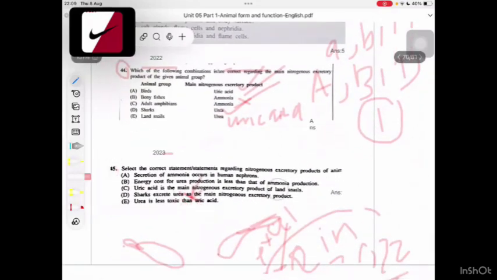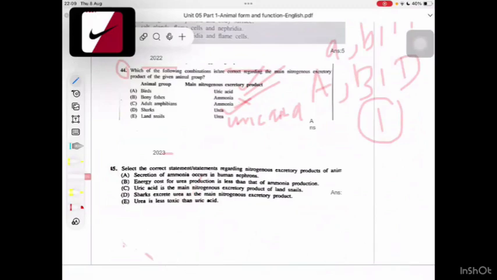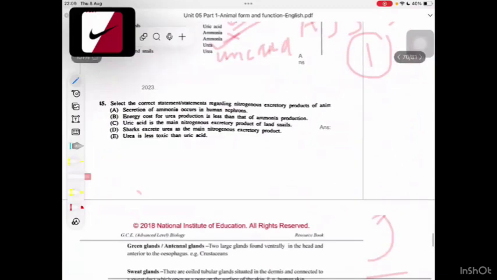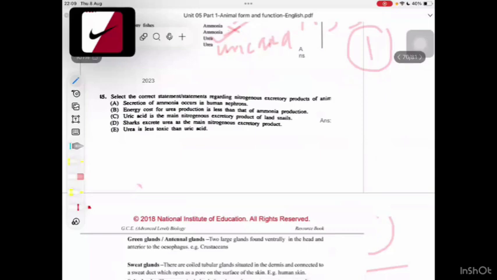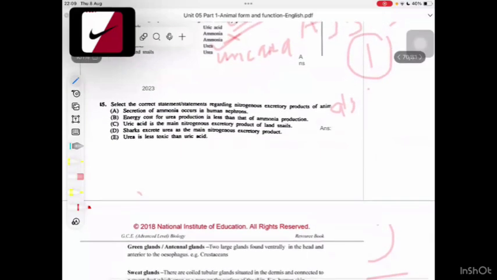Then the 45th one, let's go through that also. This is my paper, the 2023 one. So you can see, select the correct statements regarding the nitrogenous excretory products of animals. A, secretion of ammonia occurs in human nephrons.